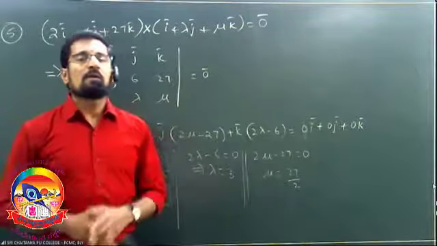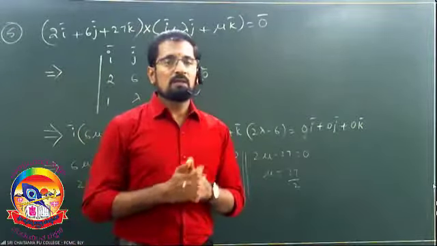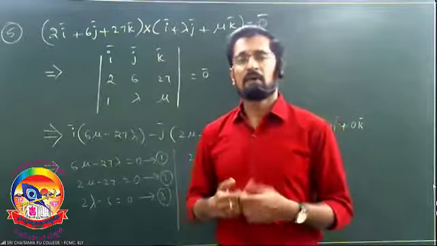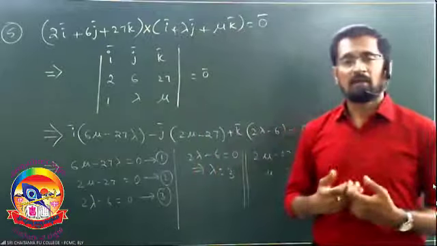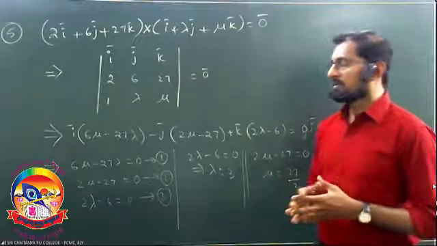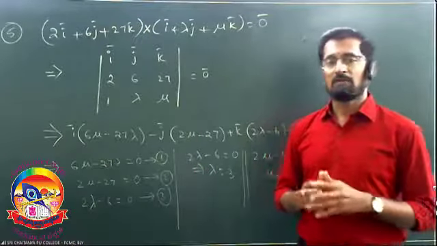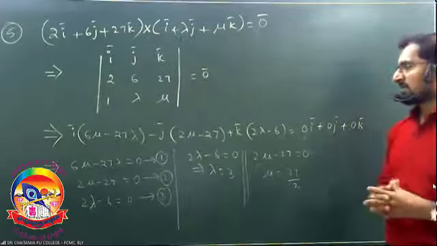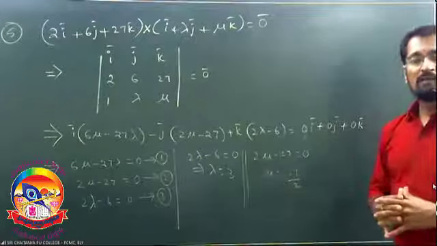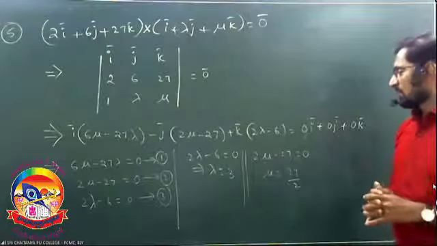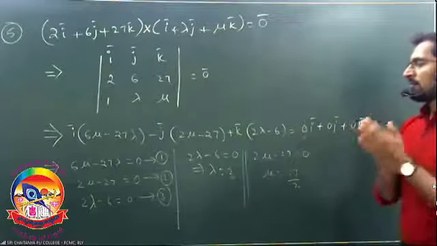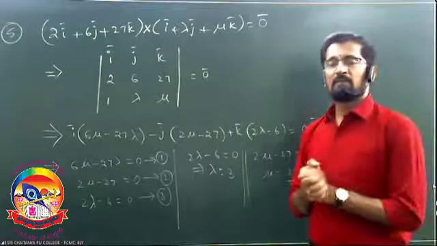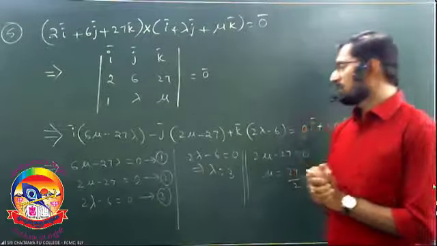Now, I equated the components of i bar, j bar, k bar. 6 mu minus 27 lambda is equal to 0. And the second one is 2 mu minus 27 is equal to 0, where mu is equal to 27 upon 2. And 2 lambda minus 6 is equal to 0, where lambda is equal to 6 upon 2, which is equal to 3.